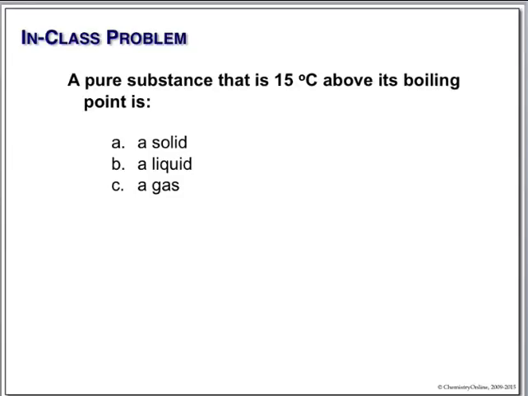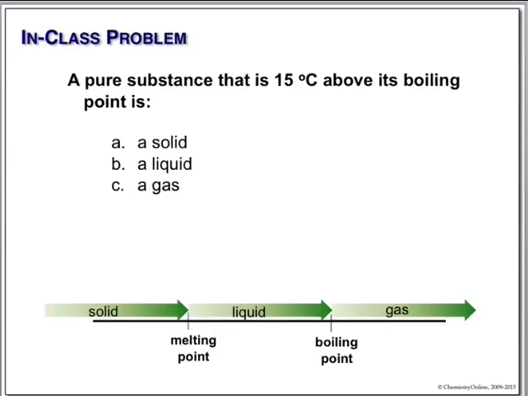Or, if you're at all confused, you can generate kind of like a number line. Solid, liquid, and gas. Our phase change happens at the melting point and the boiling point, right? Our problem says we're 15 degrees above the boiling point. That's the boiling point. So we're here. Got to be a gas.